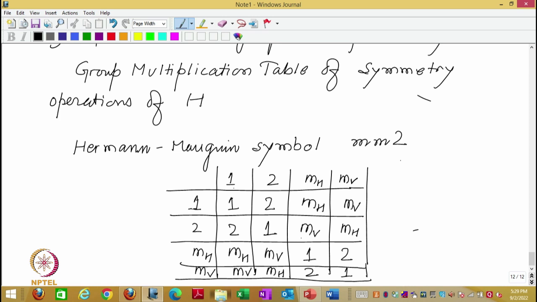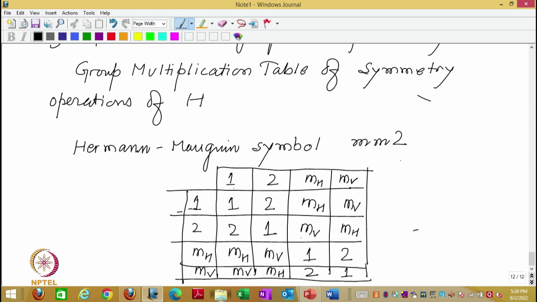First of all, we made a header of rows of all the elements and a header of columns of all the elements, and we are multiplying. On multiplication, we did not generate any new element other than the top 4 which we had written. So, that is closure. For every row, we see that the row of 1 is leaving everything unchanged.